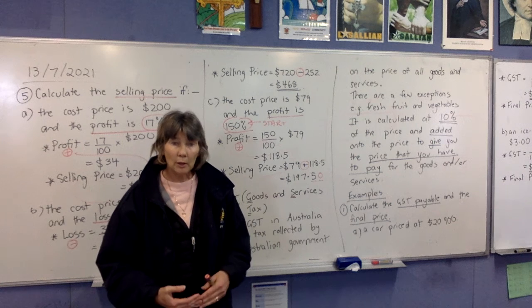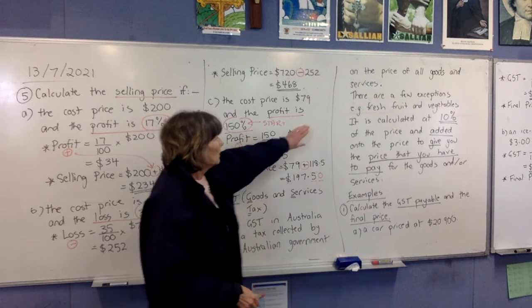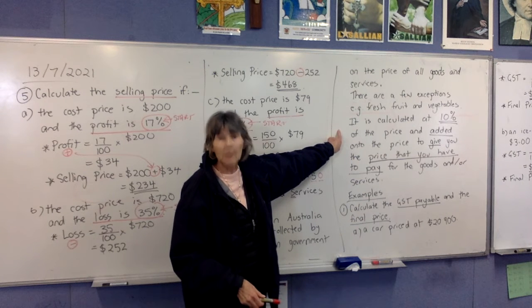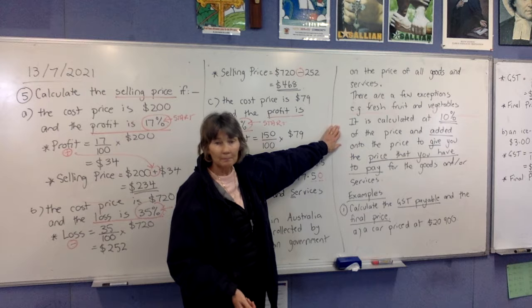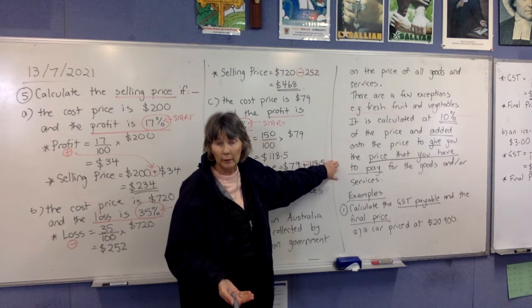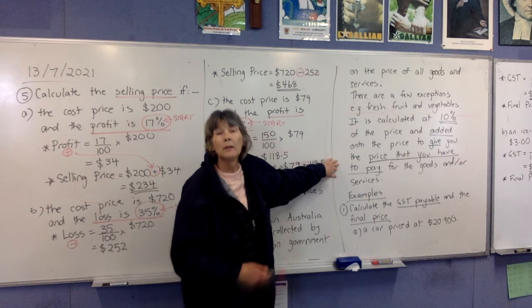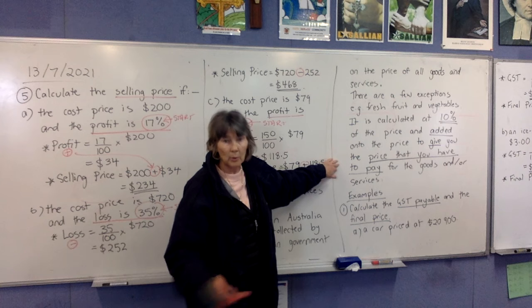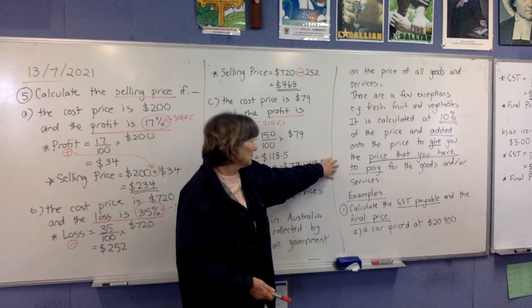So they will total up the bill for all the goods and services, and then they will add another 10% to the price. That money is what goes to the government. The rest of it goes to the actual person who did your work, or if you go to Coles or Woolies to buy something there, they will keep the money and do whatever they need to do with it, paying wages and everything else. Okay?